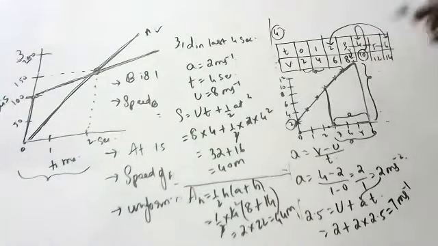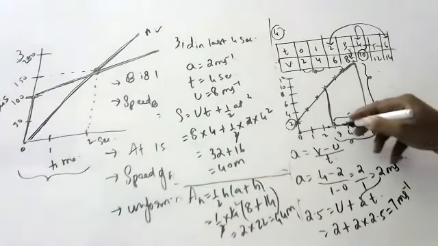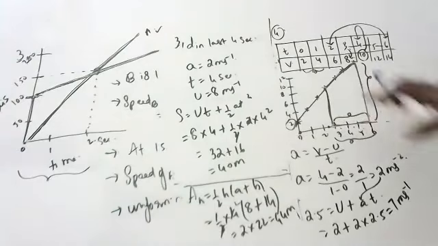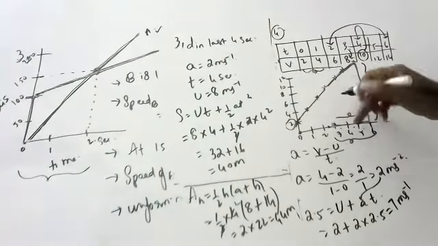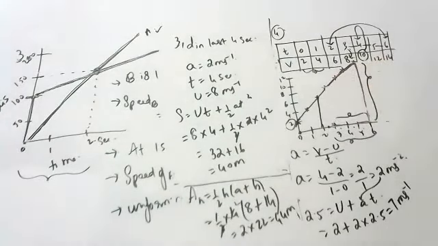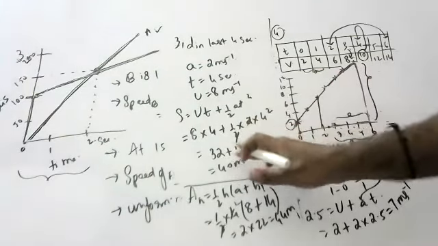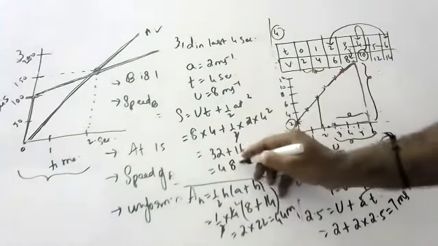Last 4 seconds was right. 1, 2, 3, 4. I'm sorry. I'm also getting confused. From 2 only we should take. This is correct. 3, 4, 32, 48. Here we went wrong.